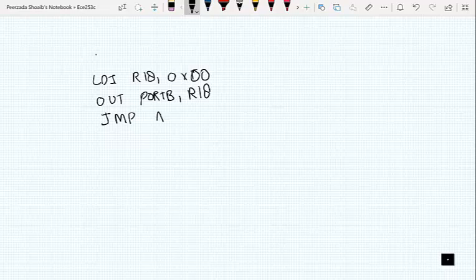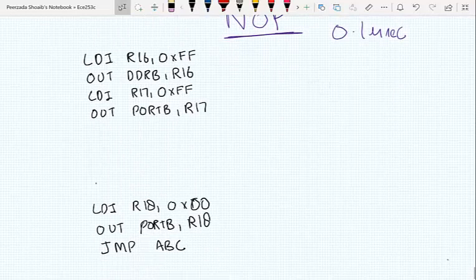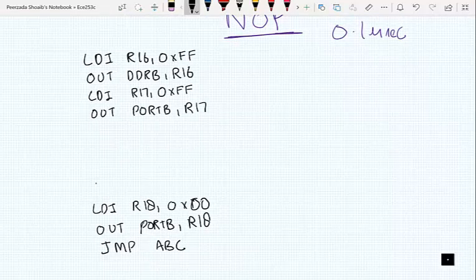After that I need to jump to ABC, and my ABC is here. This time I don't need to reload R17, because I have used two different registers: one for sending ones to turn the LEDs on, and another, R18, for sending zeros. So I will jump here. Sorry, one more thing.